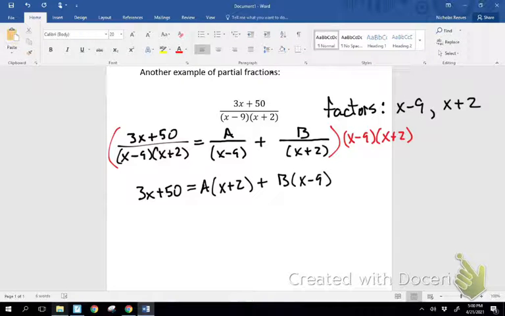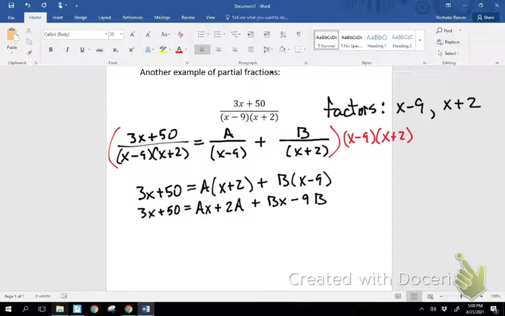So first step, write it in one giant equation. Next step, get rid of the fractions. Next step, simplify. So 3x plus 50 is ax plus 2a. I like to write the numbers in front of the a's and the b's. And then we have bx minus 9b.